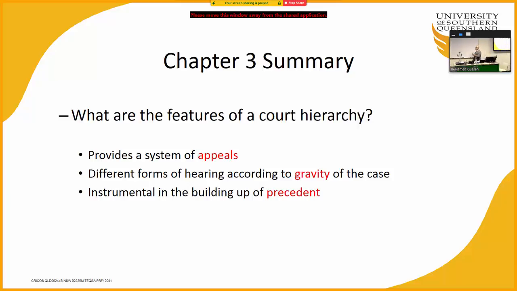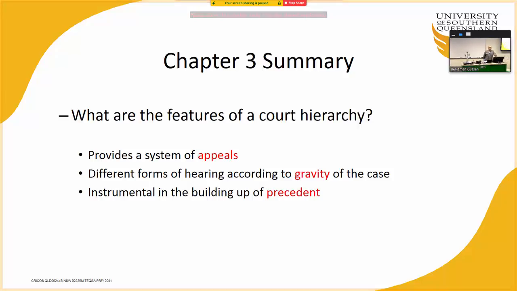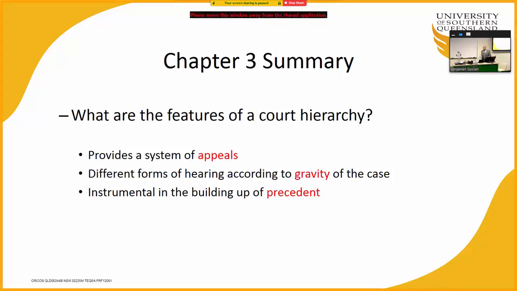So we try to go from the bottom up. So if you can solve this question or solve this conflict at a lower system, at a lower court, then you don't have to create a bottleneck at the High Court or the superior courts. So it's a matter of management, or if you like, division of labor.